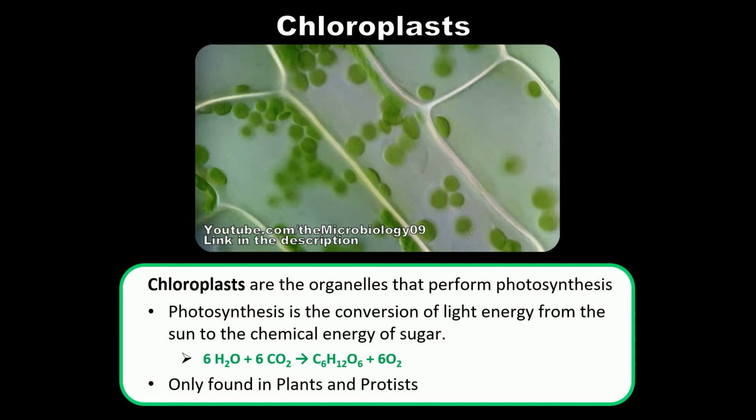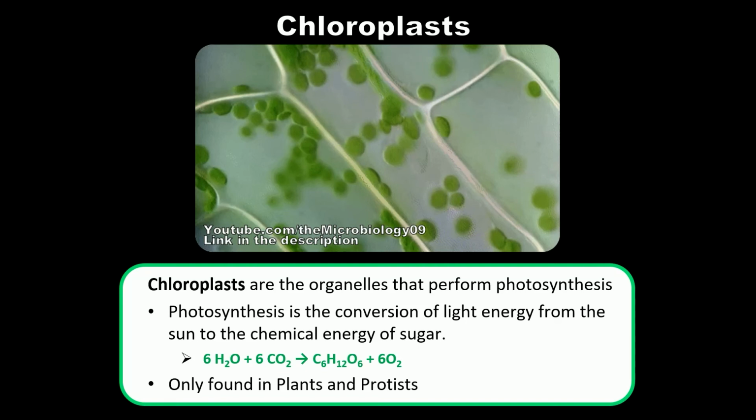Now, bacteria can do photosynthesis, plants can do photosynthesis, and protists can do photosynthesis. Fungi do not do photosynthesis, and animals do not do photosynthesis. But chloroplasts themselves are a membrane-bound organelle, and prokaryotes like bacteria cannot have membrane-bound organelles.